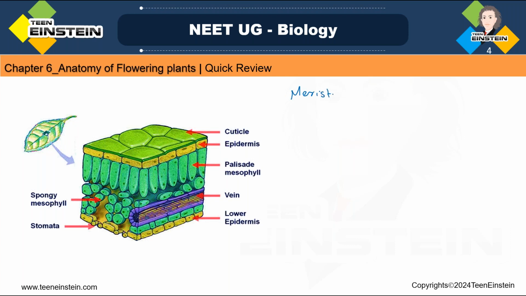In meristematic tissues, classification has been done based on several aspects. Based on origin, it is classified into primary and secondary meristems.